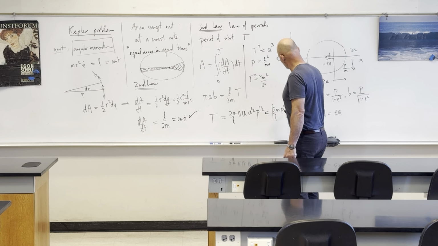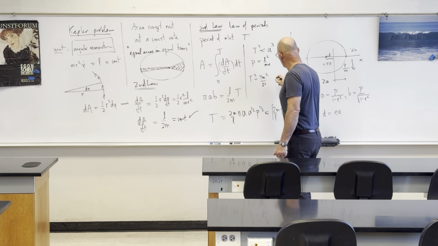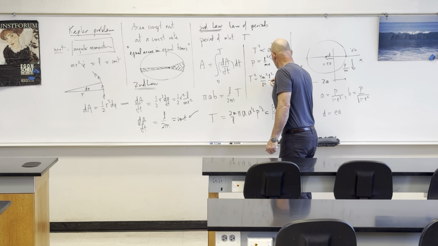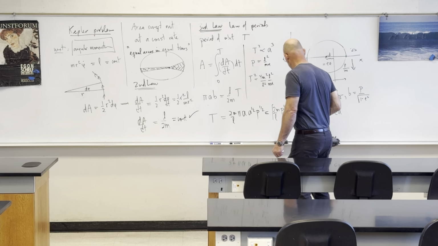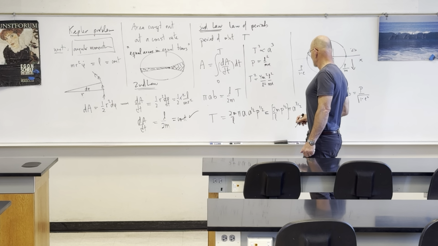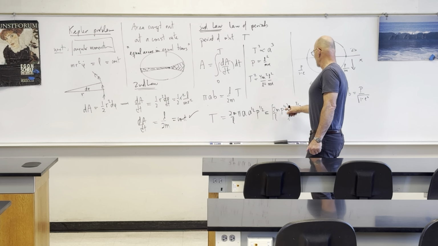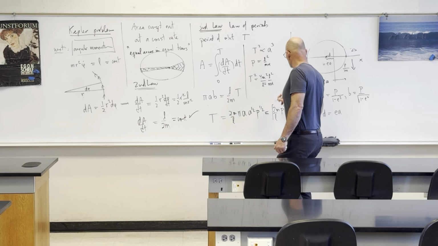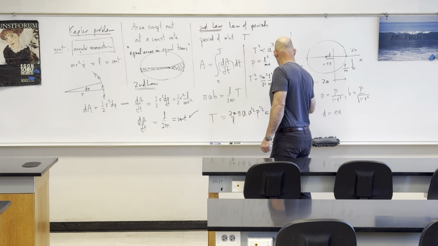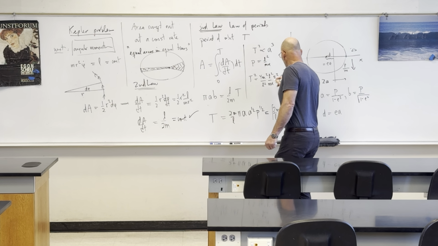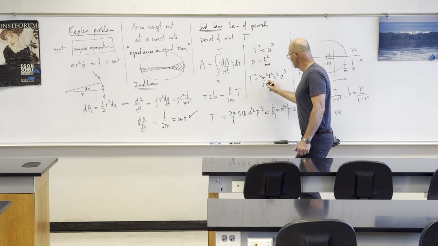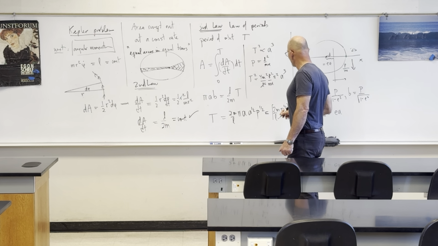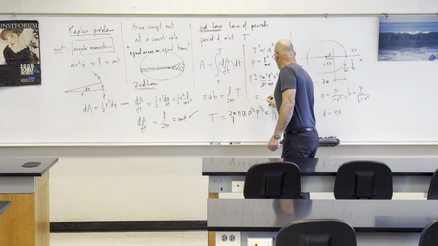Then the p to the 1/2 is going to be squared L squared over m alpha, and then pi squared, and then a cubed. You can see this simplifies a bit. L squareds are gone.